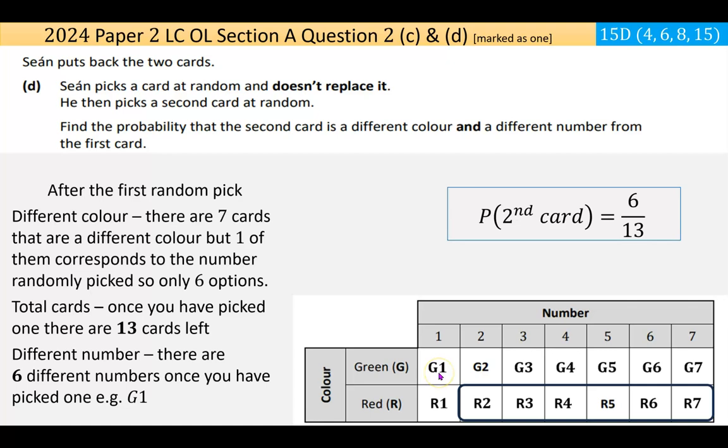Well then R1 is out because it's the same number. We have to have a different color. There's only 6 options left. Now because we've chosen a card and not replaced, like part C, there's only 13 cards left. So the number of actual things is 6. The number of possible things is only 13 because we've already selected, in my example here, G1.